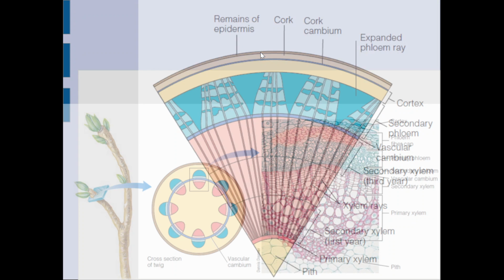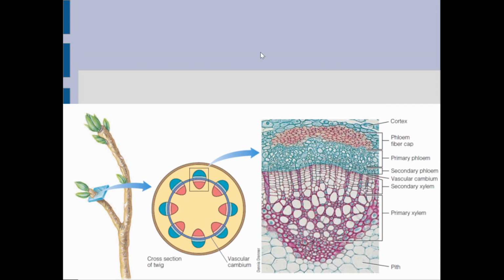Then the secondary growth occurs in the vascular bundle, and that is split apart by the secondary growth.